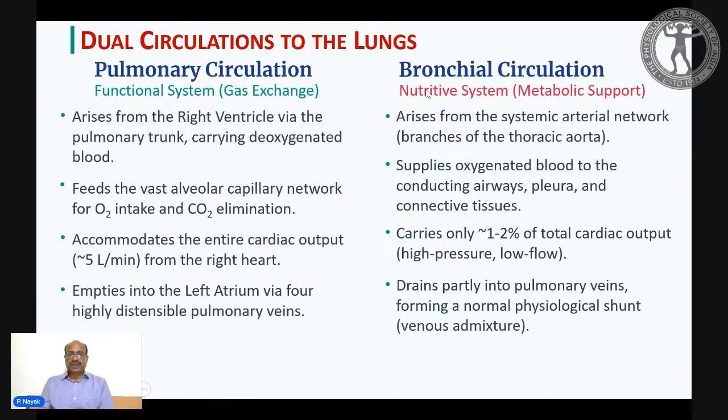So as we have seen, the lungs receive a dual supply. One is through the pulmonary arteries, another is through the bronchial arteries. Pulmonary arteries are for gaseous exchange, whereas the bronchial arteries are for the nutritive support to the lung structure.